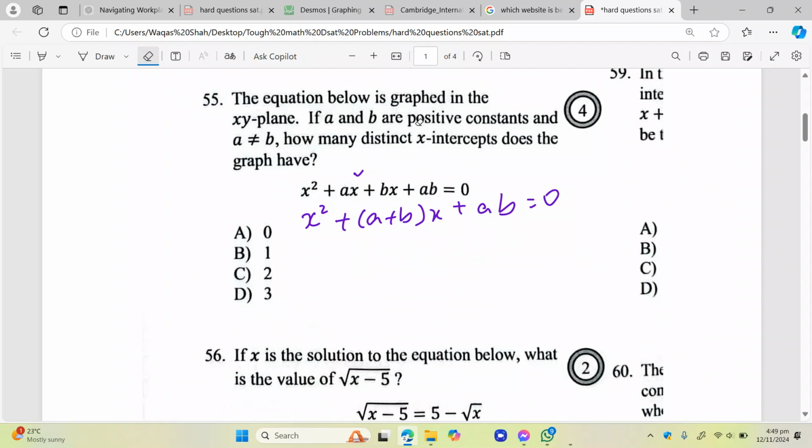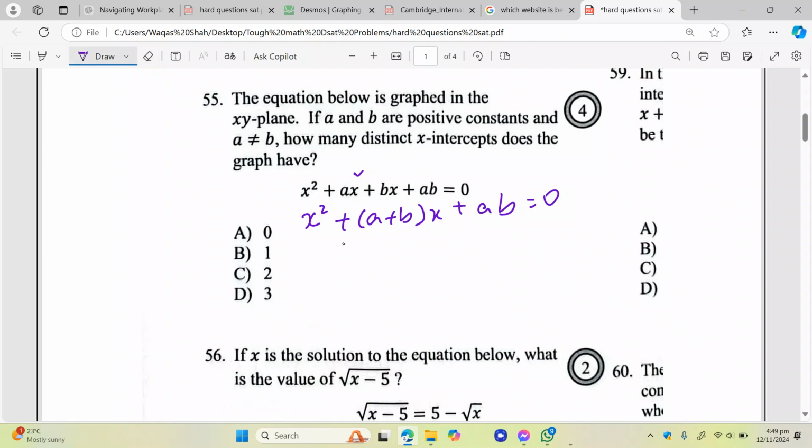It's given that a and b are positive constants, right? And we have to find out the number of x-intercepts. Either it will be intersecting the x-axis at one place, or two places, or no places, right? When the solution is a non-real number, it means that there is no x-intercept, right? So we have to find the number of x-intercepts, right?